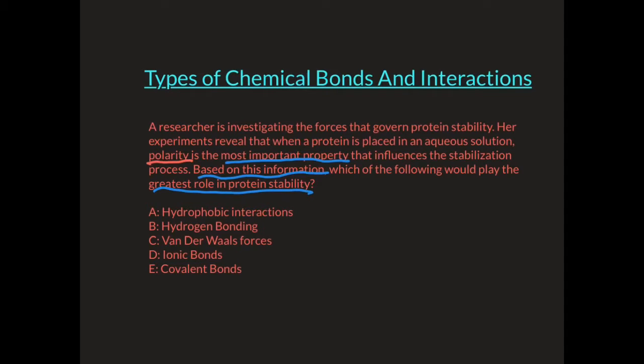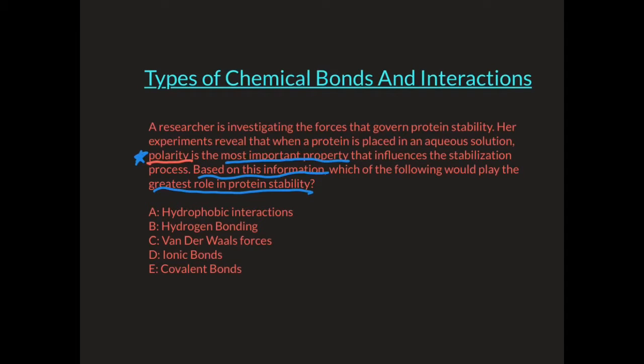Glancing at the answer choices, we're looking for the most important type of bond, force, or interaction that plays the largest role in governing stability, and we know that polarity is the most important property. So now let's look at the answer choices. If polarity is the most important property, the bond or force involved has to be related to polarity in some way.